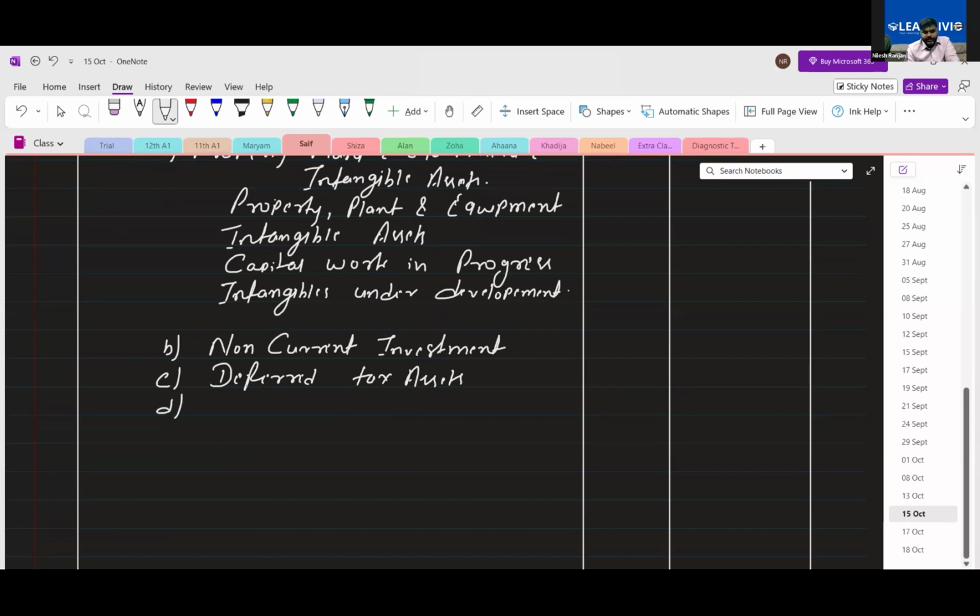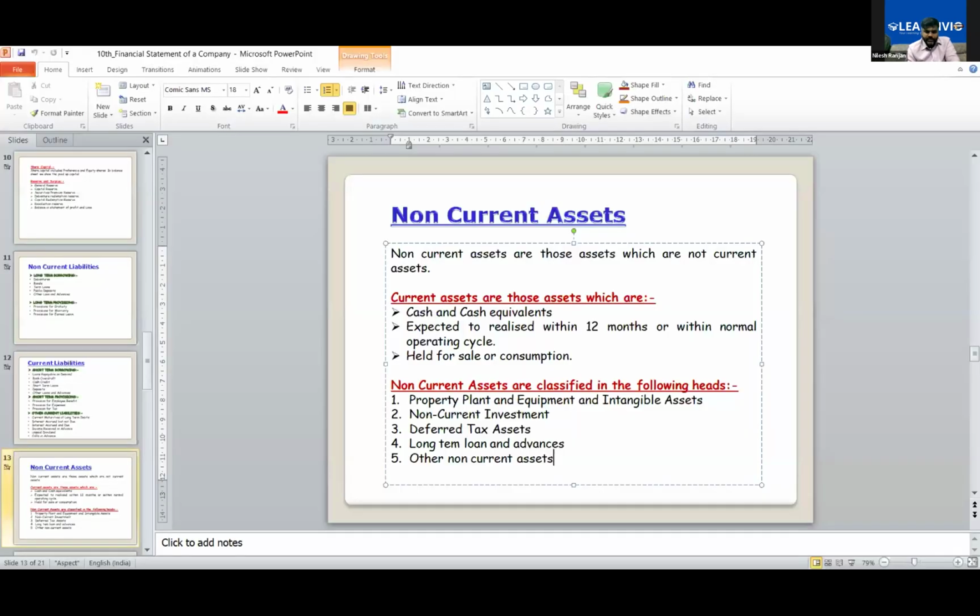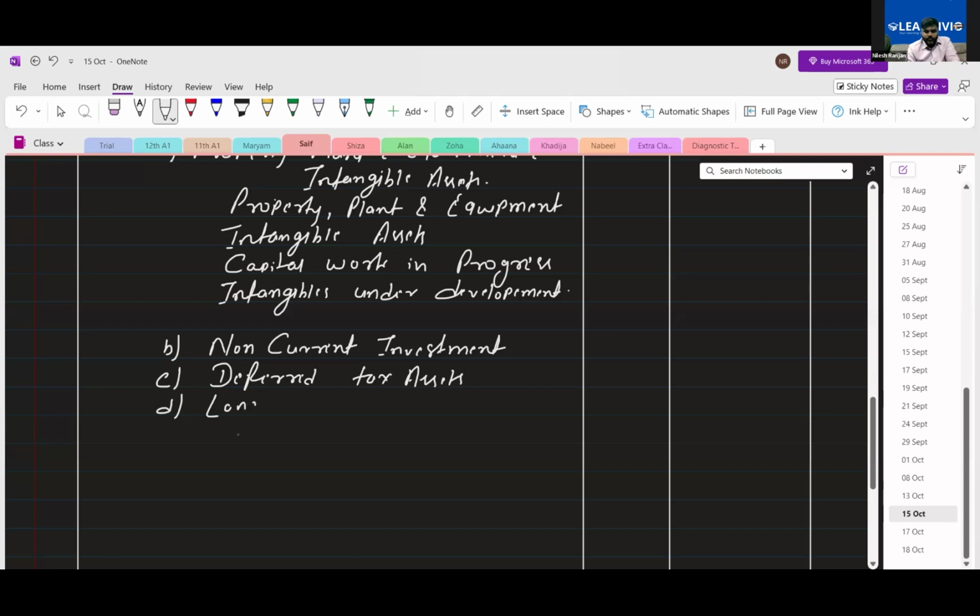Item number D is long-term loan and advances. Actually, one is other non-current assets, yes. Long-term loan and advances. And then the last one is other non-current assets.